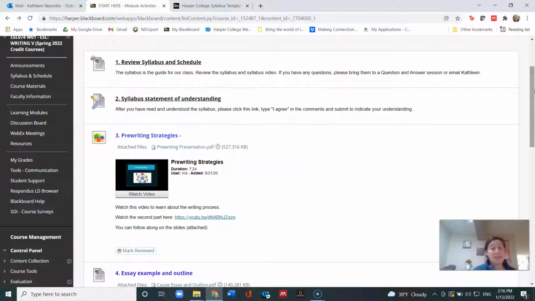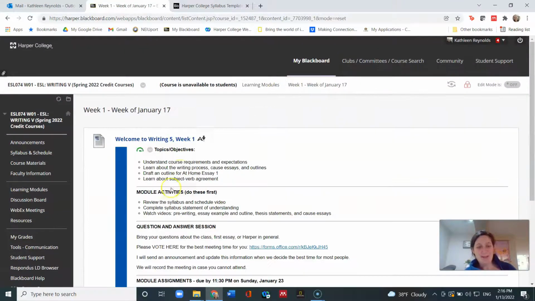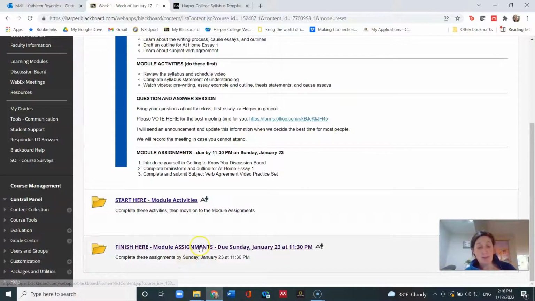It's not something you can skip or miss because you won't be able to understand the assignments. So it's really important to take some time to do these activities and follow along with them, and they will help you keep learning.